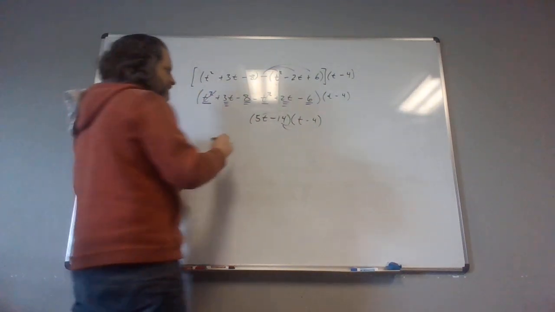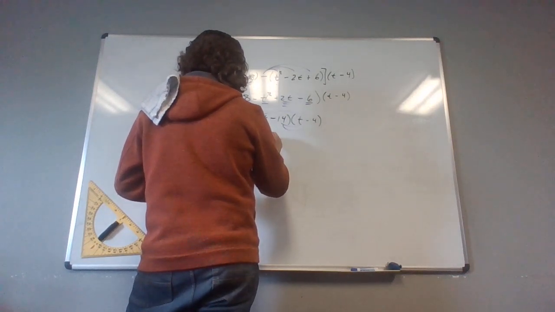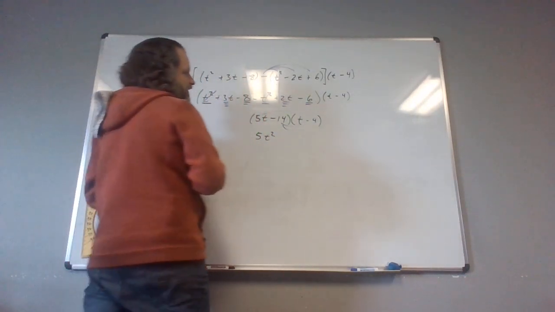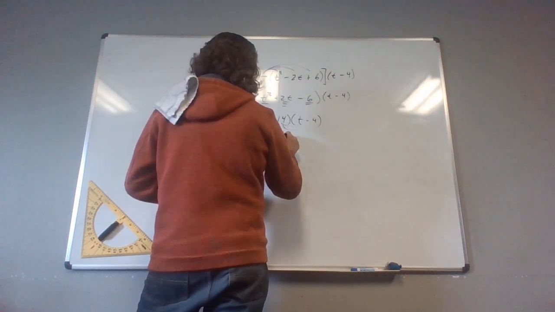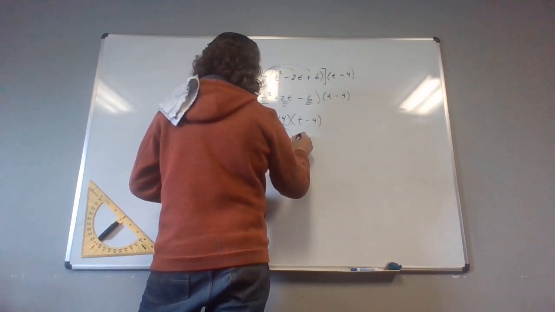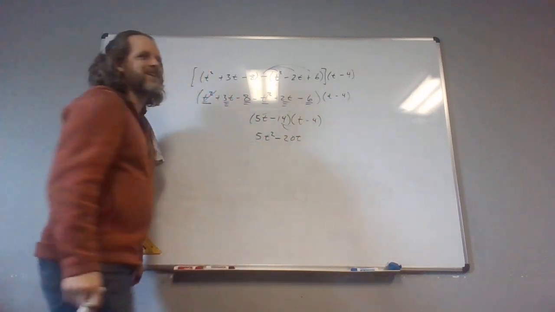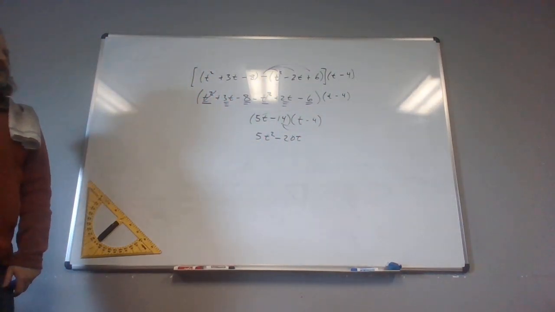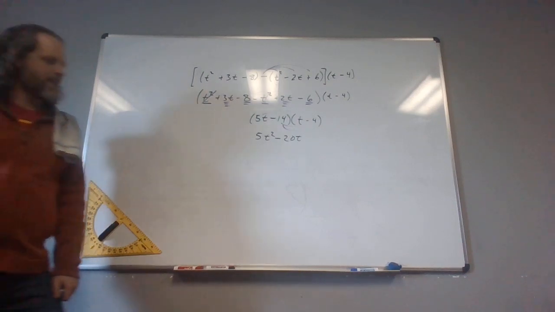5t times t is 5t squared. Minus 5t times negative 4 is what? Negative 20t. Why is it 20? 5 times 4 is 20. Oh, I was doing the wrong one. Negative 14 times t is what? Negative 14t.